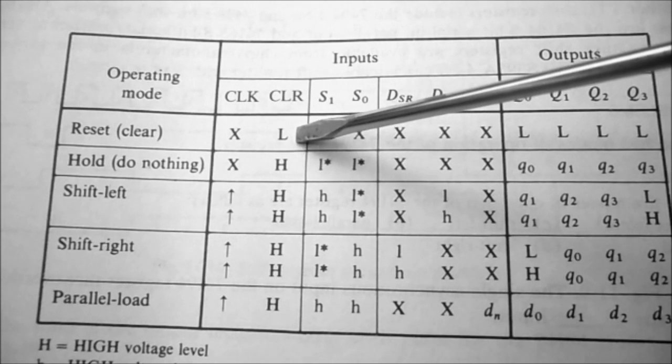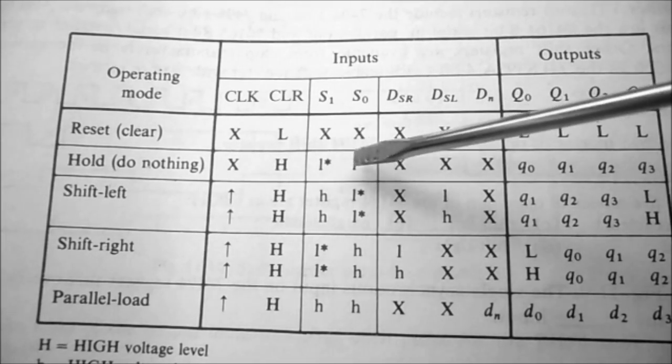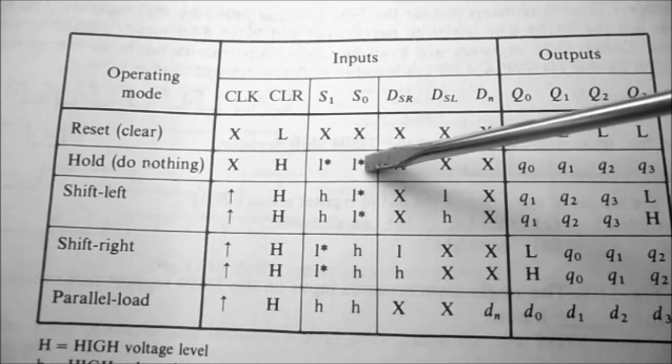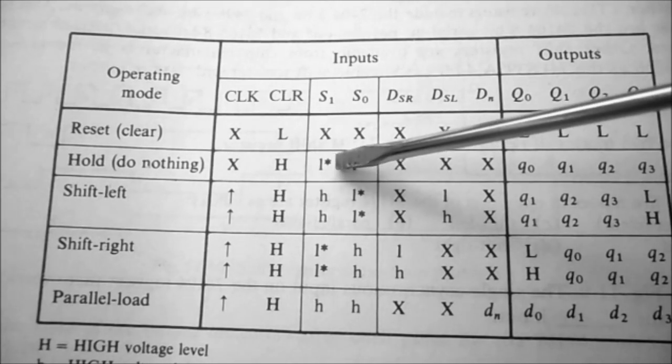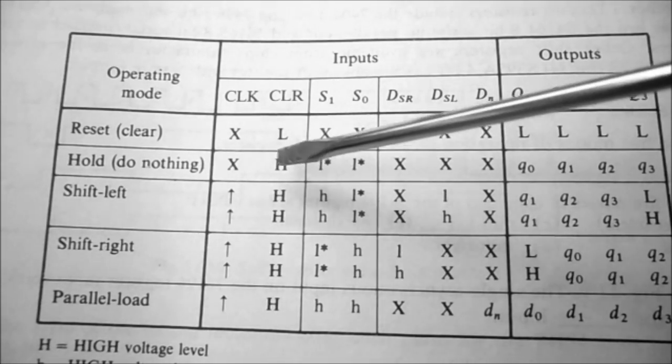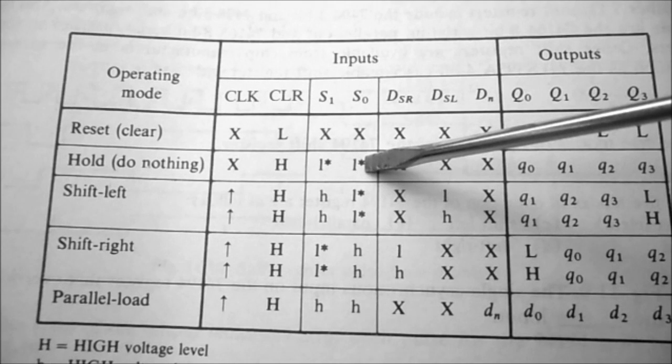Notice they use L and H instead of 1s and 0s. So we have the mode where S0 is low and S1 is low. So that's 0, 0. That would be a hold or do nothing. So we'll see no changes on the output when it gets the clock pulse.